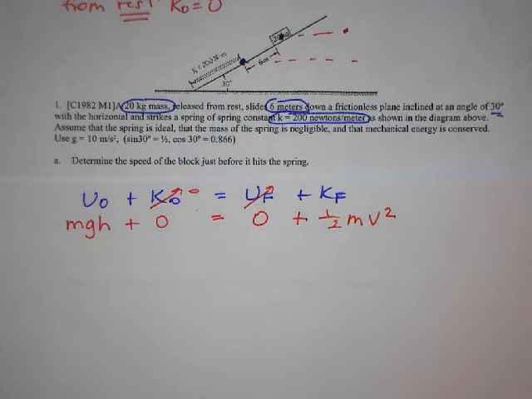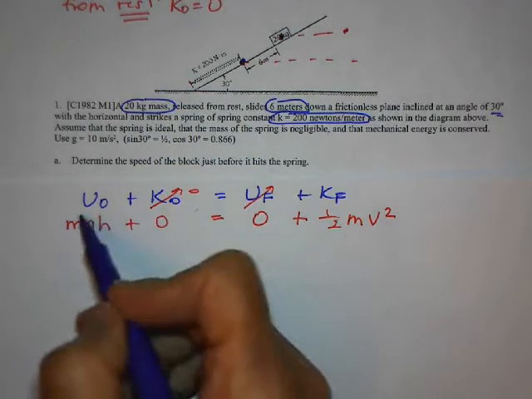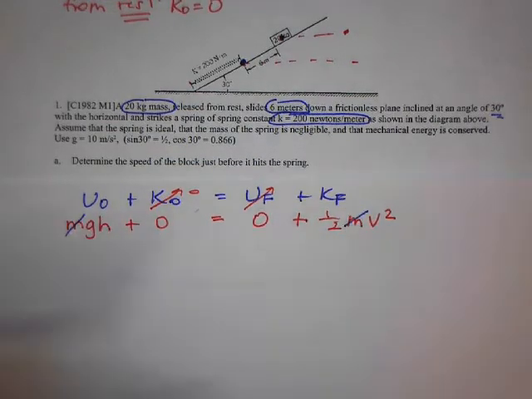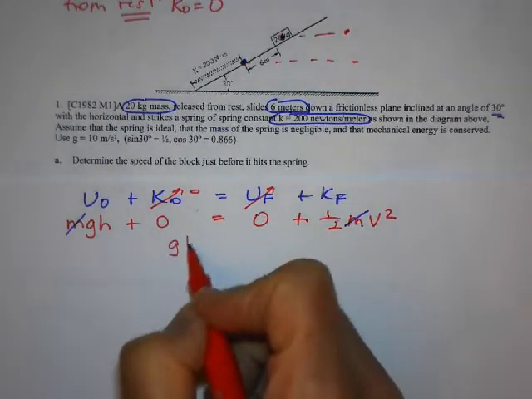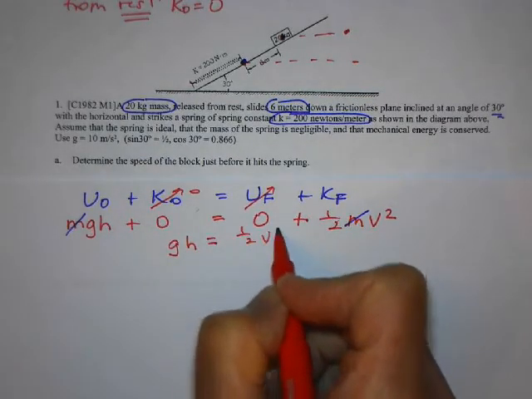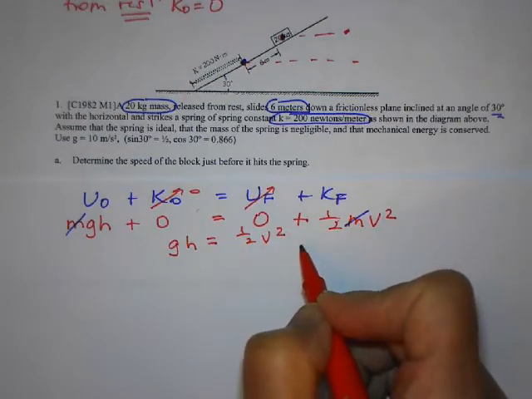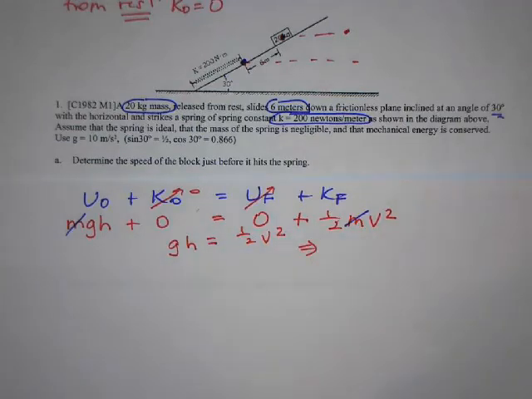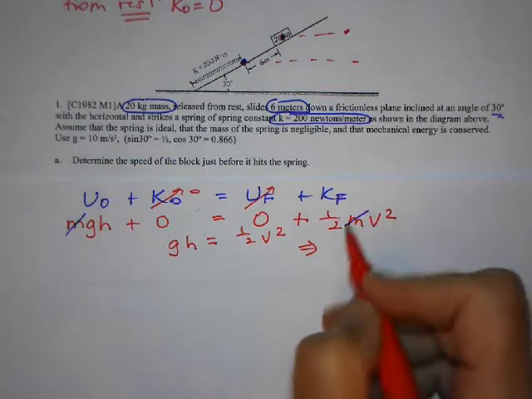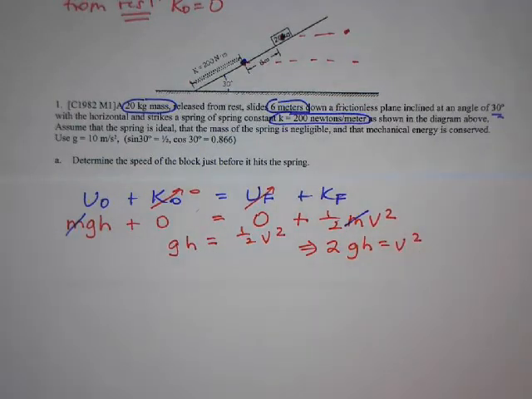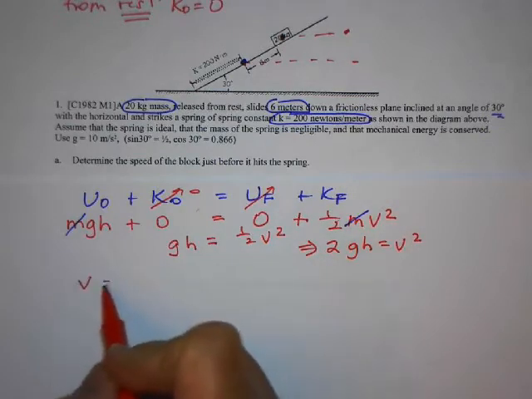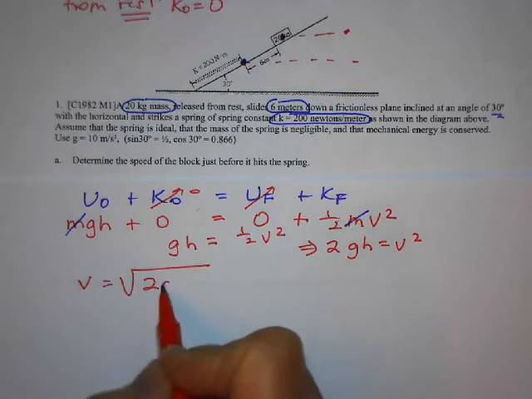Now to make the algebra easy, I can cancel the m's. So I have gh equal to 1/2 v squared, and then I rearrange the equation to solve for the unknown in terms of the known. I multiply both sides by 2, and then take the square root of both sides. So v is equal to the square root of 2gh.